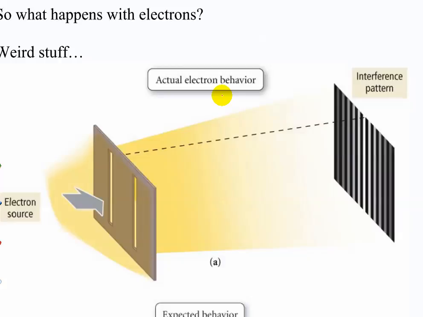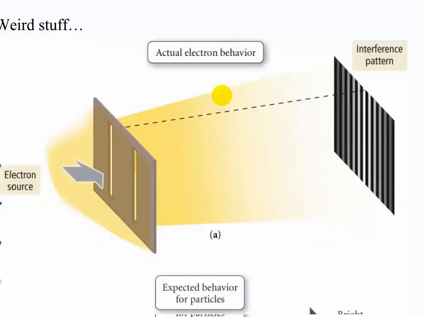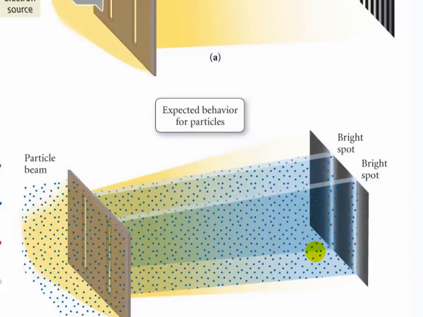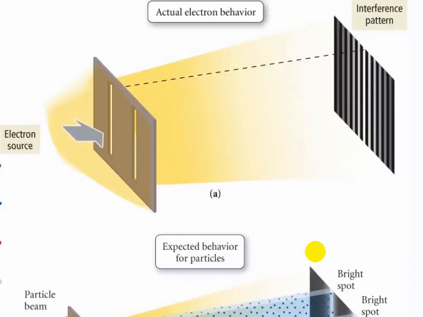So even though electrons are particles, you don't get what you would expect. You'd expect a bunch of particles shot at some slits, some passing through and making two bright spots on the electron film, with everything else dark. But instead, what you actually get is a diffraction pattern, which means that the electrons are acting like waves, not like particles. But here's where it gets really crazy.